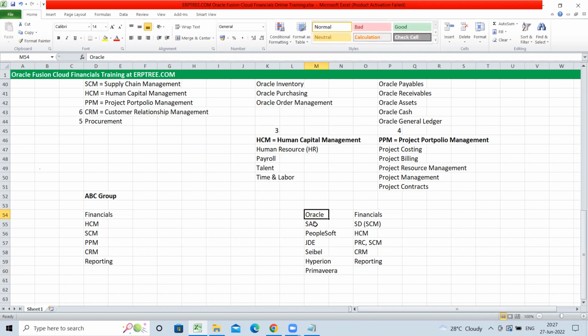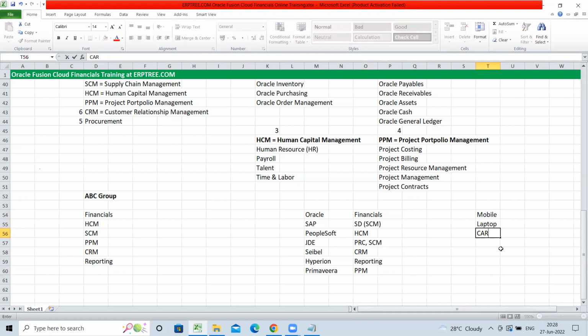And from Oracle and SAP, project solution is available like PPM. But Primavera, PPM solution is very famous for project scheduling and all. So that's all. Say for example, you want to buy one mobile, one laptop, and one car.